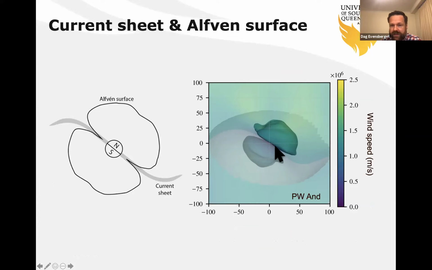If you think of the angular momentum loss as sort of occurring with the lever arm from the star itself corresponding to the distance to the Alfven surface, that's a pretty good approximation. So a larger Alfven surface means a larger angular momentum loss. This gray translucent surface that you can also see here is the current sheet. In my models, this is simply where the radial magnetic field strength is 0.